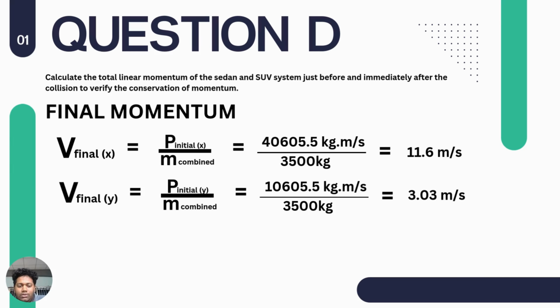We get 40,606.5 kg meters per second divided by 3500 kg, which equals 11.6 meters per second. On the other side, we get 10,606.5 kg meters per second divided by 3500 kg, which is 3.03 meters per second. So this is the final velocity in x and y.